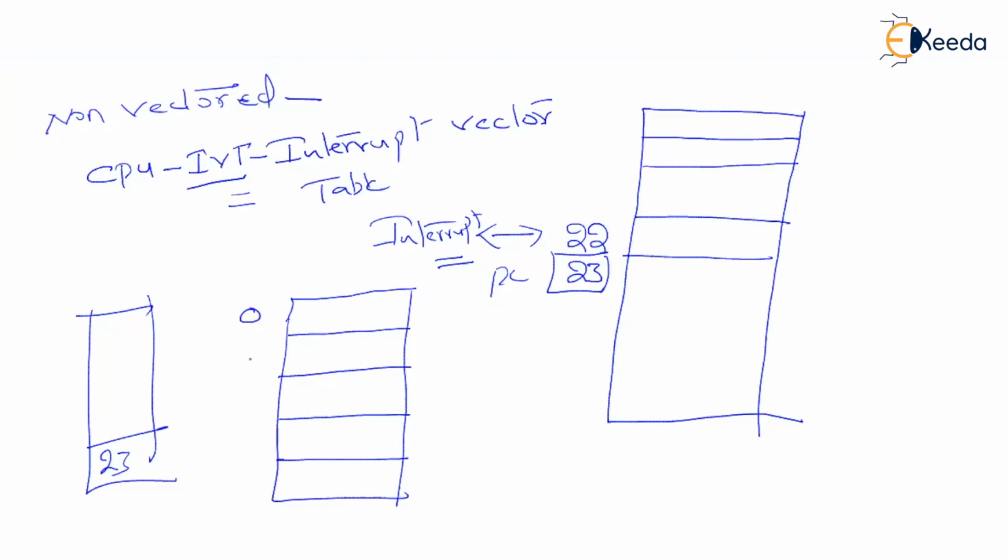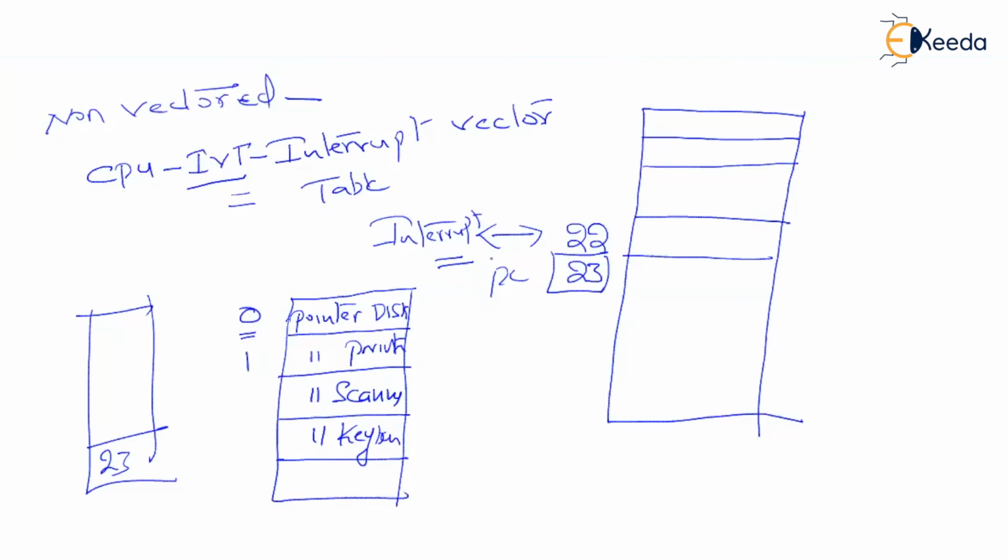Let us say 0, this is the first address in the table. Here, I have a pointer to disk. 1, pointer to printer. 2, pointer to scanner. 4, pointer to keyboard. Okay.